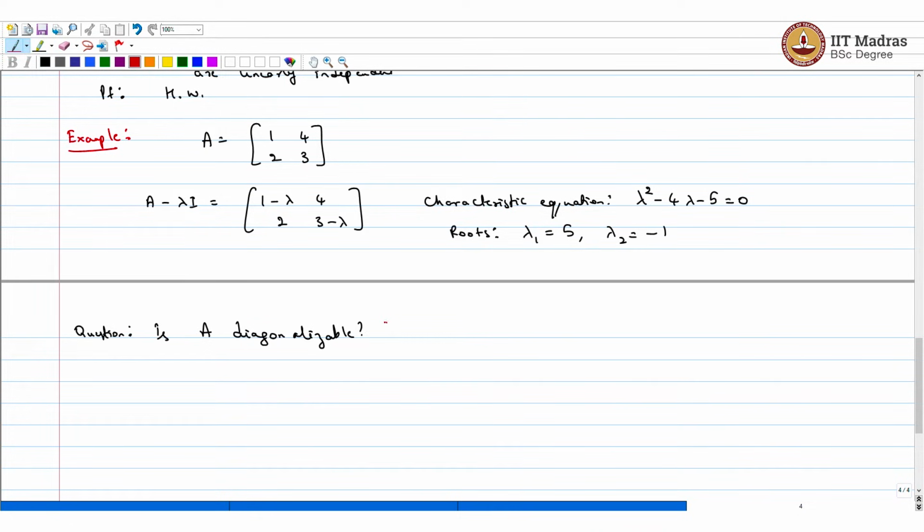The answer is yes, because it has two distinct eigenvalues. So, the corresponding eigenvectors form a linearly independent set and you have enough independent eigenvectors to diagonalize the matrix. So, what is pending now? You need to find the eigenvectors.